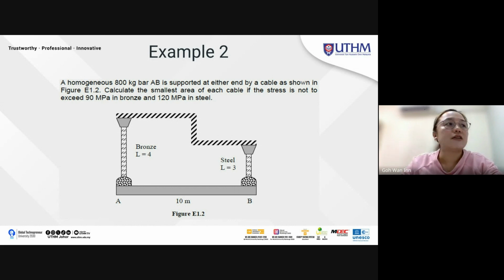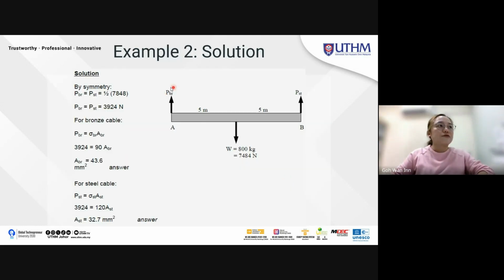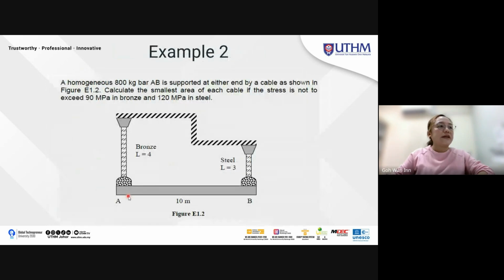So how do you solve it? Question 2. You have two rods, as shown in the previous one, at A and B. So you will have a force. AB is supported by these two rods with different properties. The stress does not exceed 90 megapascal in bronze and 120 megapascal in steel.